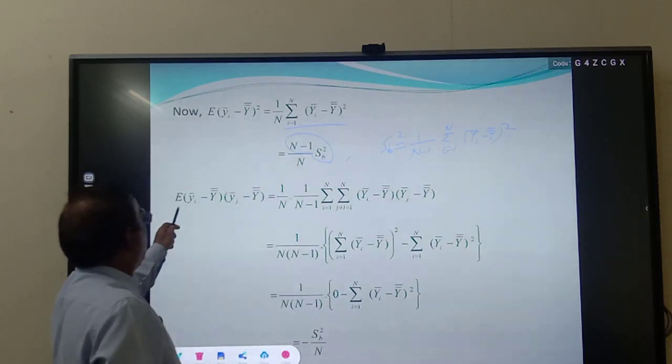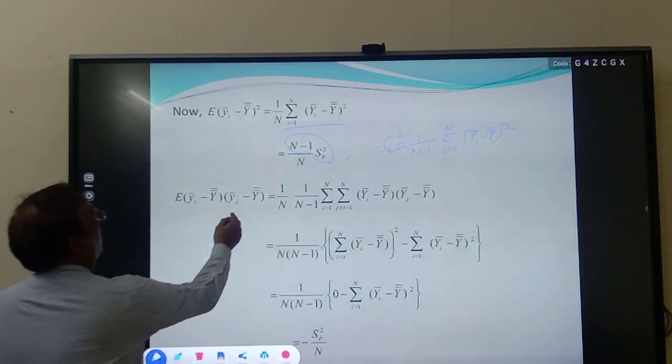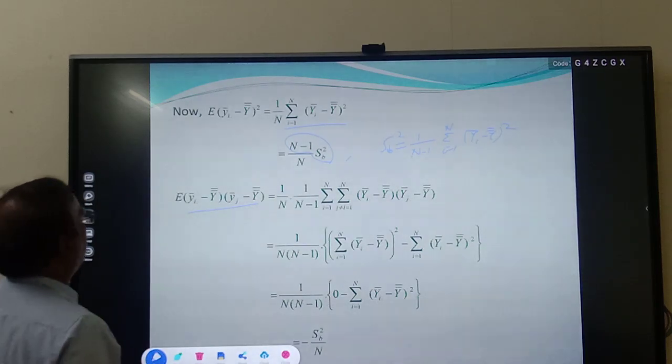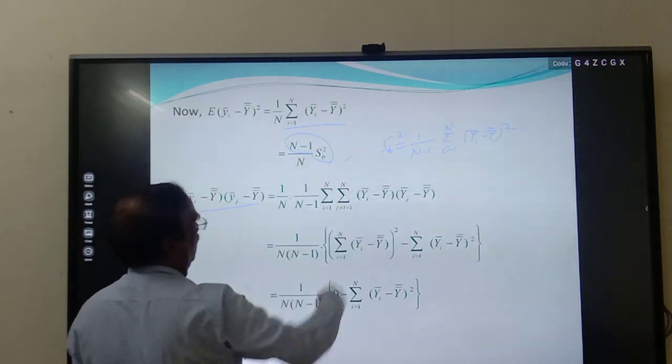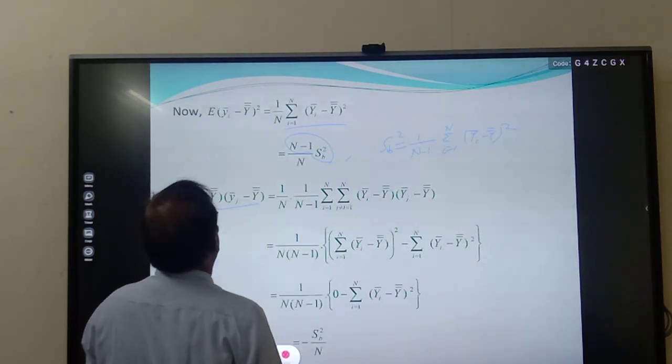Now when we define the expected value of yi dot bar minus Y double bar, this term can be written as we define the expectation of a random variable.